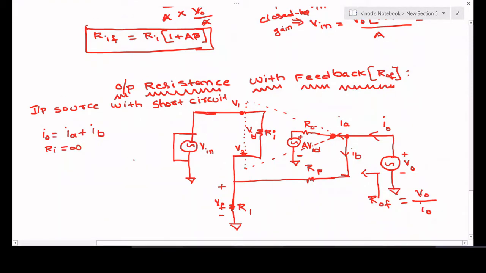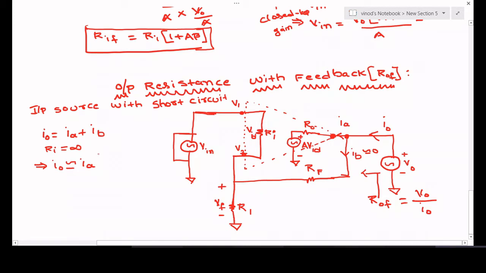So the current flowing through this network, IB, we can almost assume as zero. Then we can write I0 is approximately equal to IA.